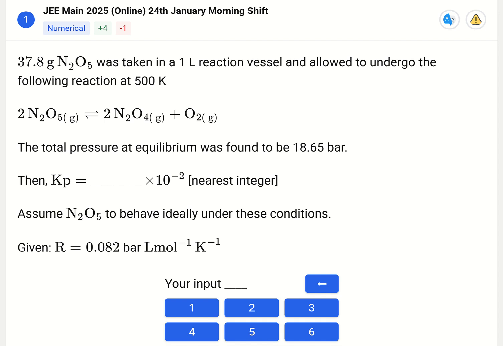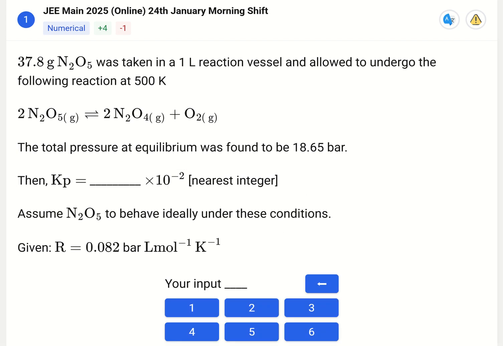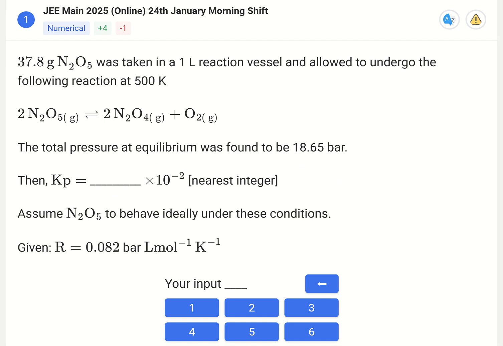So then Kp is equal to something into 10 raised to power minus 2. Means I have got 9.619. So if I want to convert this number into 10 raised to power minus 2, it will be 961.9 into 10 raised to power minus 2.